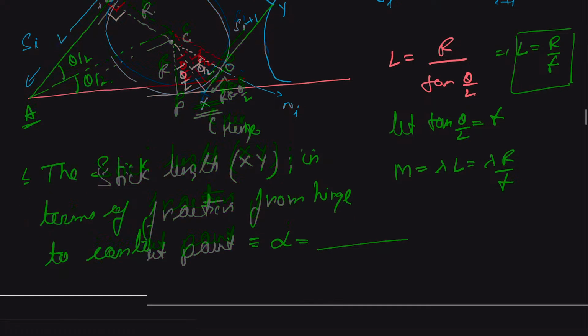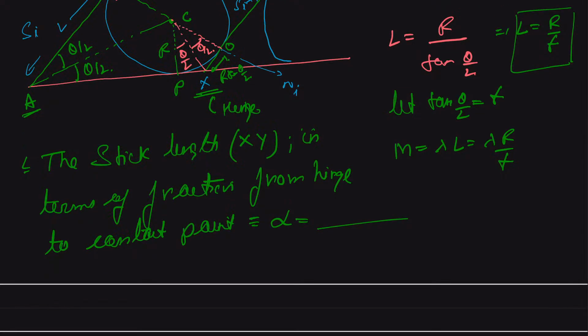And therefore we can see that r tangent of theta by 2 over the total length L, where tan theta by 2 is our t, so we can write this as r times t, and L we can write as r upon t, so this comes as t square.